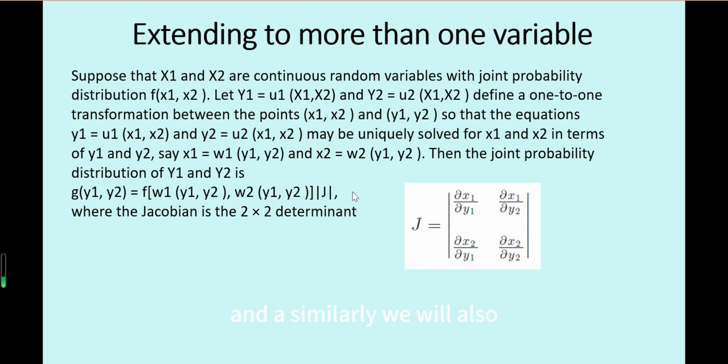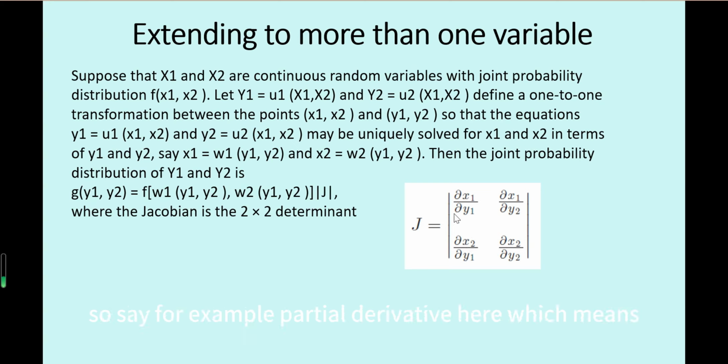And similarly, we also multiply by the absolute value of the Jacobian. Here the Jacobian is a 2 by 2 matrix. It contains the partial derivative of x1 by y1 and of x1 by y2, and similarly the partial derivatives of x2 by y1 and x2 by y2.